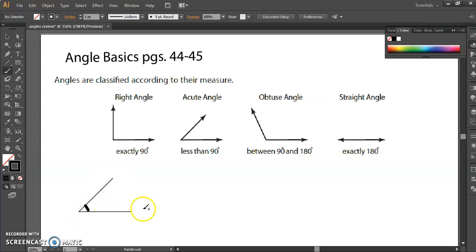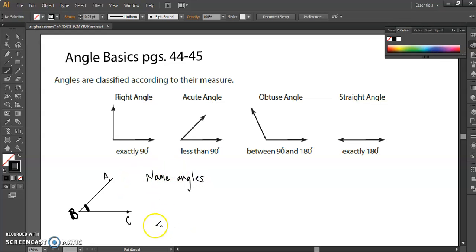Let's say that we have these two rays right here. They join at this intersection, and we're going to name this intersection B. We're going to name this point here point A, and this point right here point C. So what we're going to do is name angles.